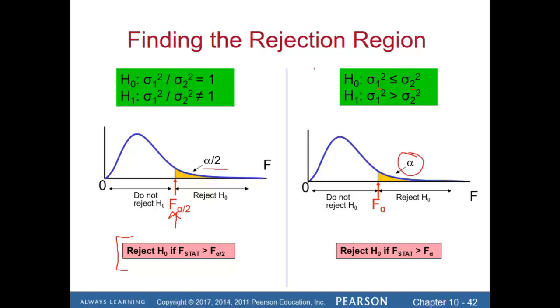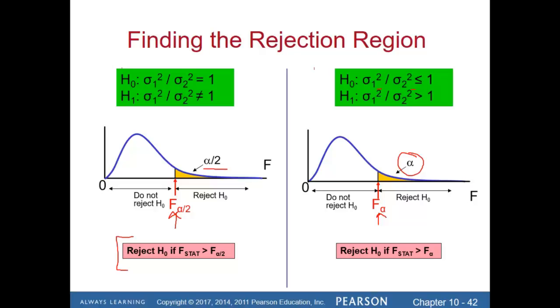And for a one-tailed test, we're going to put the whole alpha value in the upper tail, find the appropriate critical value, and we're going to reject our null hypothesis if our test F statistic comes out greater than that critical value of F. And again, we can do a little bit of algebra on the way these hypotheses are stated, and divide both sides by the variance of the second population, and so express those variances as a ratio, like we've done there.